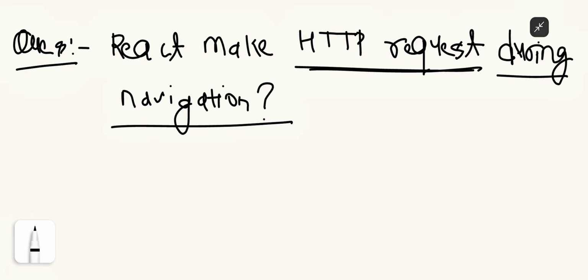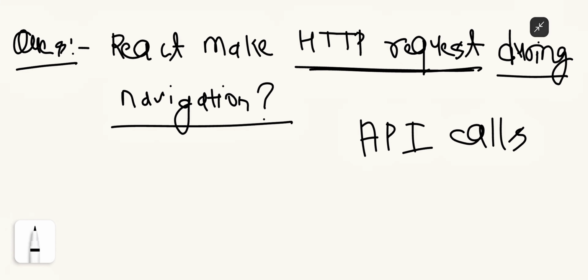Yes, React may still make HTTP requests, but not for a new HTML file, but for API calls. React takes data from the API call and updates only the required component. So yes, HTTP requests are made by React during navigation, but not for a new HTML file, only for API calls.